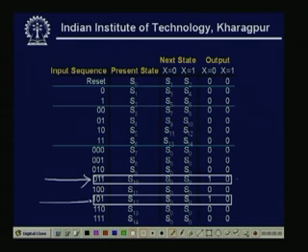Similarly, for 1 0 1, when the present state is S12, the next states will also be S0 and S0, giving the output 1 0. So, these two rows give the same state transitions and can be combined.